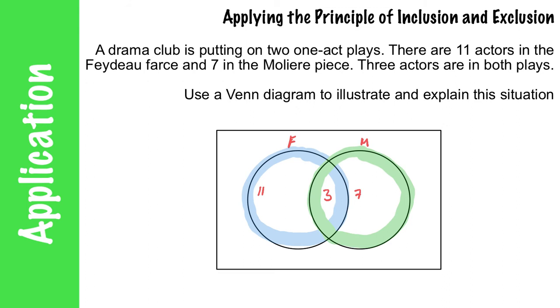So once we subtract out the 3 that are in both, we'll be left with 8 that are only doing the Feydeau play, and we'll be left with 4 that are only doing Molière. Our universal set, therefore, 8 plus 3 plus 4 is 15.